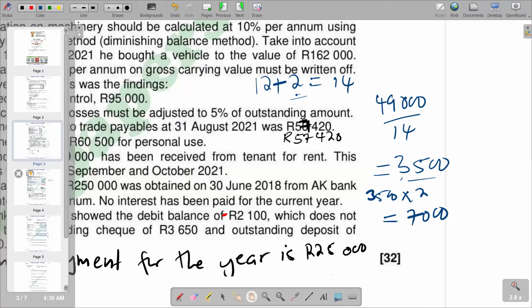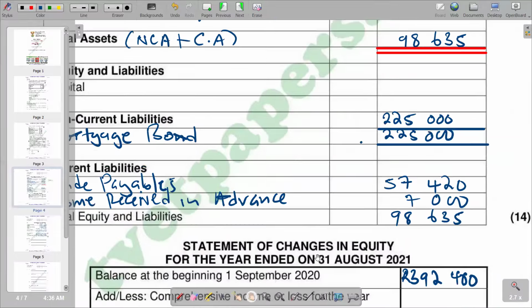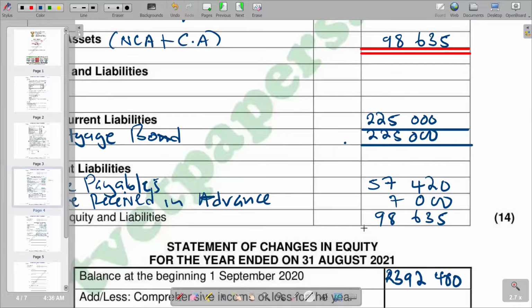So we can just give a description in our answer section by saying, income received in advance, and we got 7,000. Then from there, we can find the total for our current liabilities.